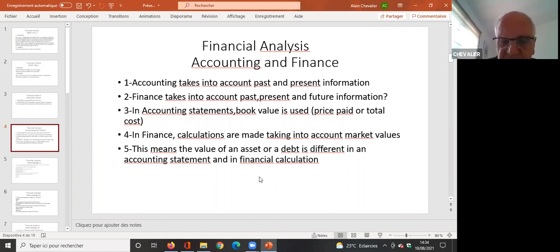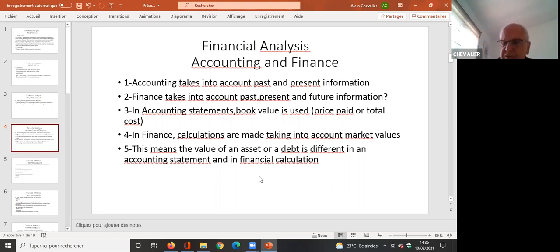On the market, when you calculate in finance, and we deal with that in the valuation course, you are not really interested in these values. You are interested in the market value of the bonds. And the market value of the bonds is moving up and down depending on the level of the interest rates. If the interest rates are going up, the value of the bonds is declining. And on the contrary, if the interest rates are going down, the price of the bonds is going up.